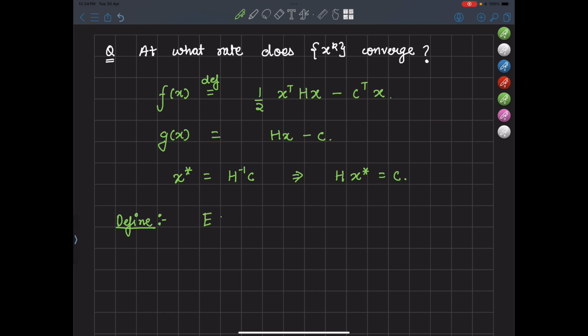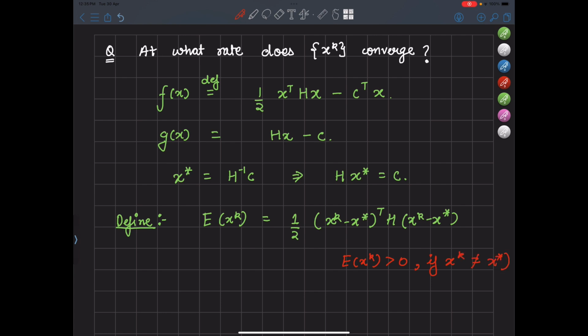Let's define E of xk, which is given by half xk minus x star transpose h xk minus x star. This is the error function that we're looking at. Please note that the error function is always greater than 0 if xk is not equal to x star.